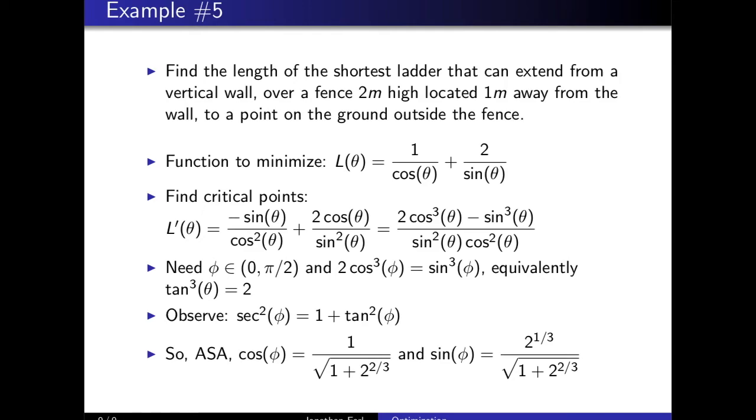So the only place where it's going to be 0 is whenever 2 cosine cubed of phi equals sine cubed of phi, or equivalently, the cube of the tangent is going to be 2. Now we could observe that the secant squared of phi is 1 plus the tangent squared of phi. That's just taking the sine squared plus cosine squared relation and dividing everything by cosine squared.